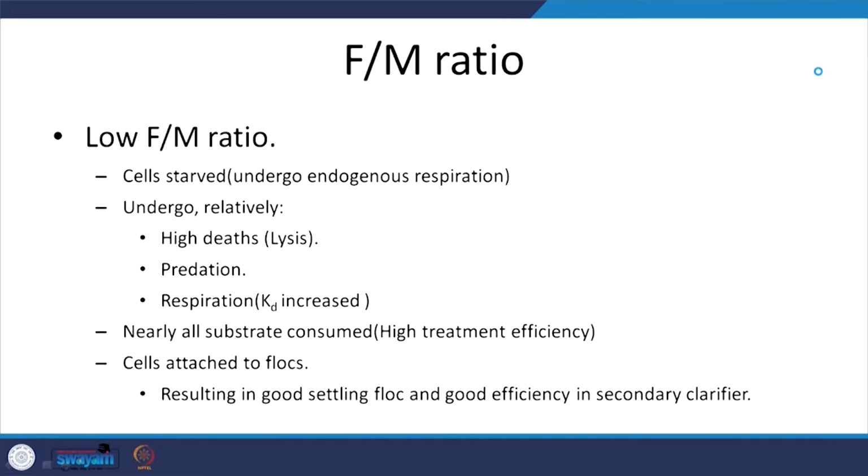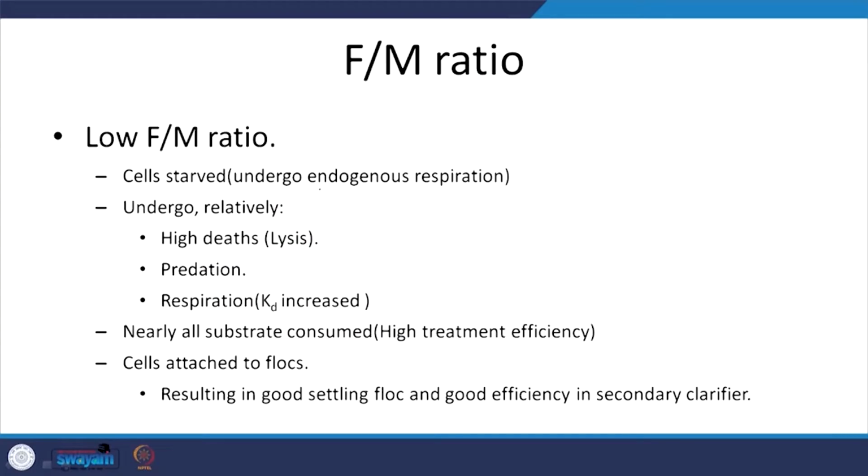And with low F by M, what is it that we see? Low F by M meaning low food and relatively more microorganisms. Again, everything is relative. So the microbes are starved now, right? They are pretty hungry. There might be some endogenous respiration, but we are not at the phase where there is only endogenous respiration, because you are still providing the waste or the food or the substrate.